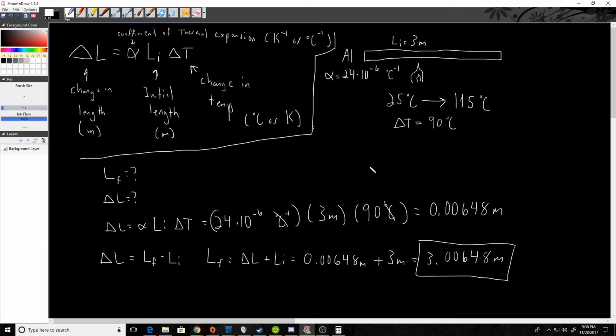This also helps to explain a really simple, basic, everyday phenomenon. People that do canning, or even if you buy a jar of pickles, the lid is metal, the glass is not metal. Typically the coefficient of thermal expansion for glass is less than a lot of metals.